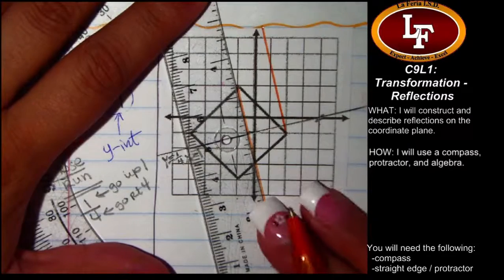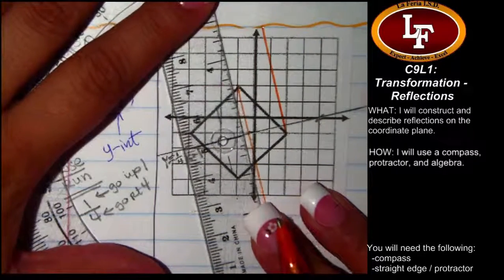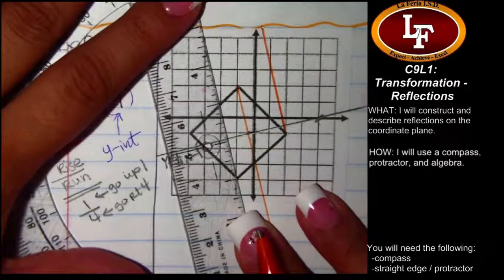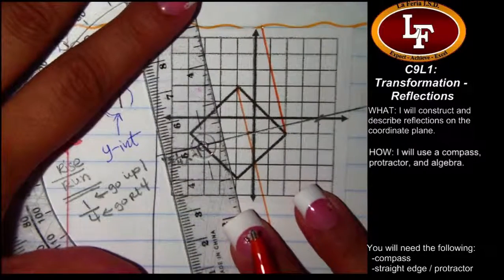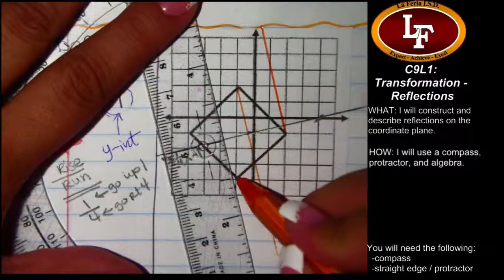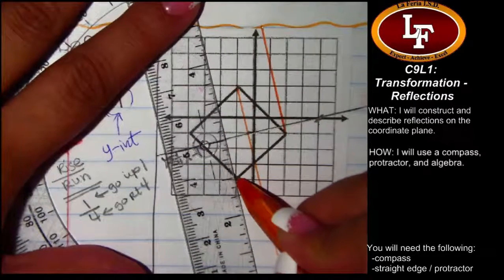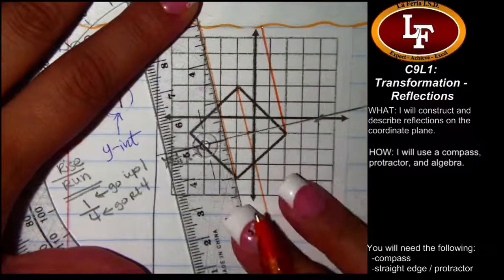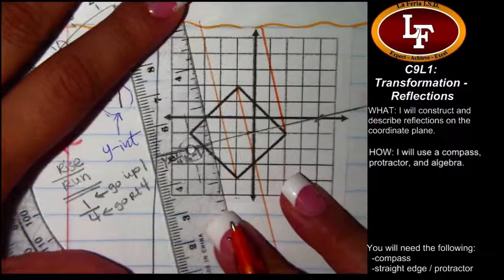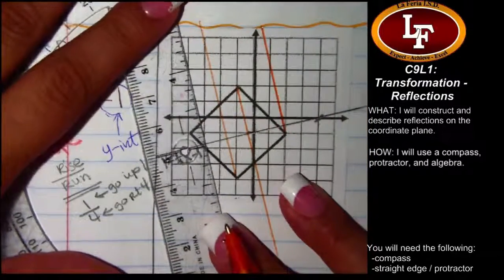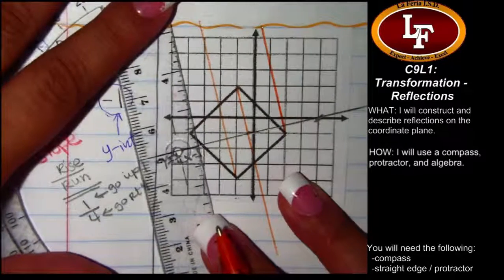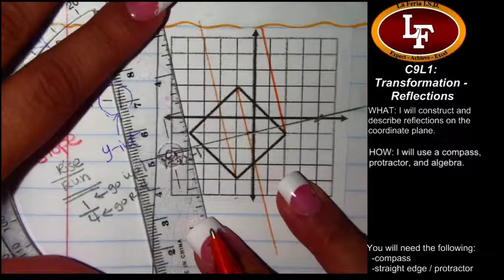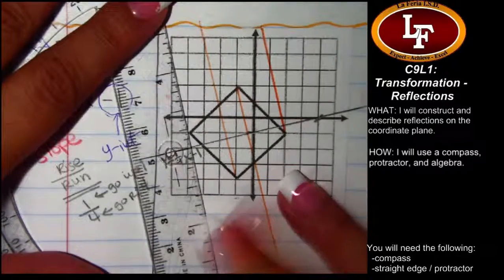I know a few of you were not here on Monday, so this will be on the lecture video. This one's below the line of reflection, so I need to draw it above. And this one is above the line of reflection, so I need to draw it below.